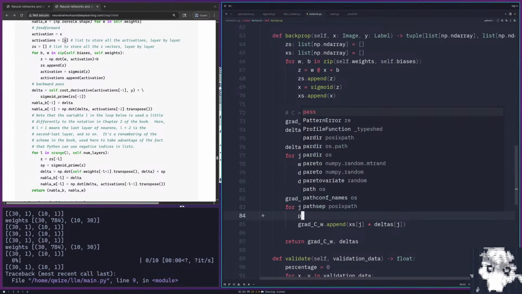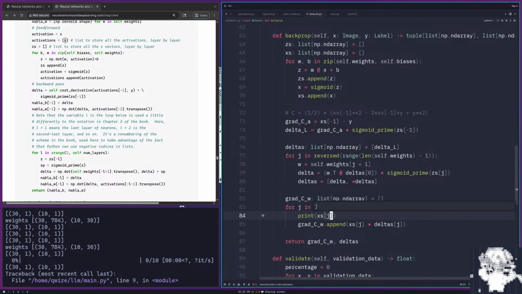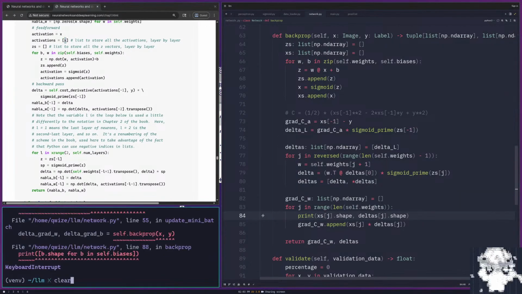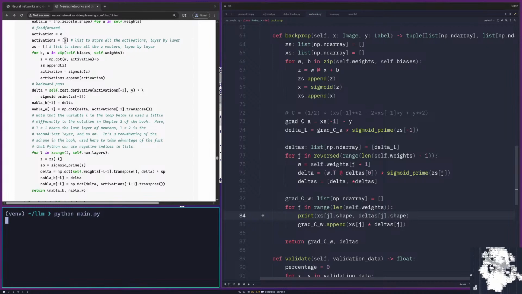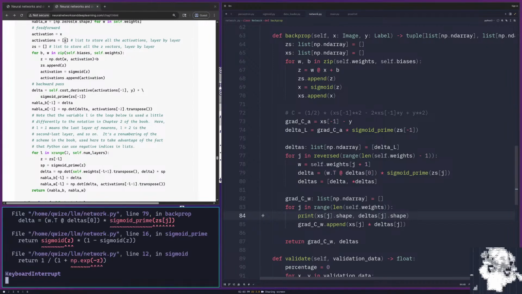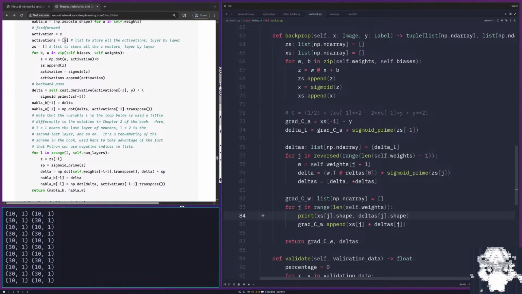So why don't you print xs[j].shape, deltas[j].shape. And they are always vectors, which actually makes sense. And I guess that's why here they're transposing it.